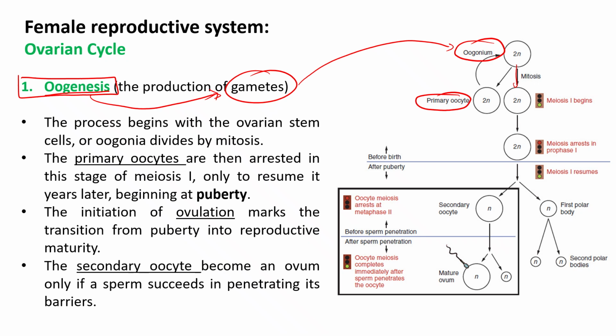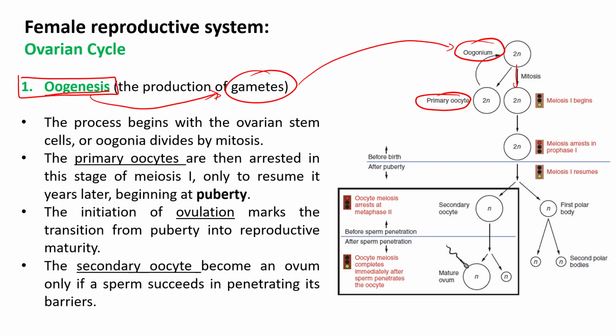When the boy reaches puberty, this process starts, and these stem cells produce spermatogonia until advanced age. In the female, it's different. In the female, these stem cells will produce a certain amount of primary oocytes, and then the number will not change. After this, there will be no new production of primary oocytes.